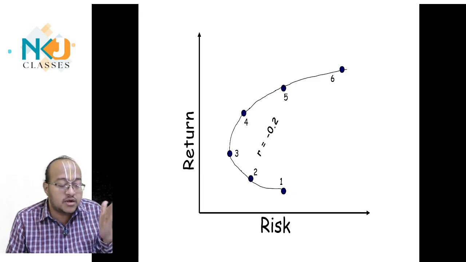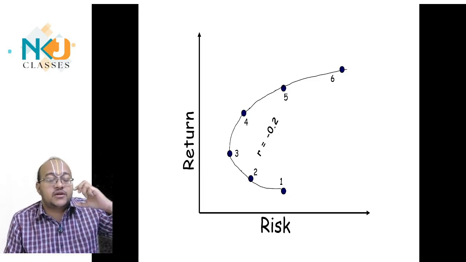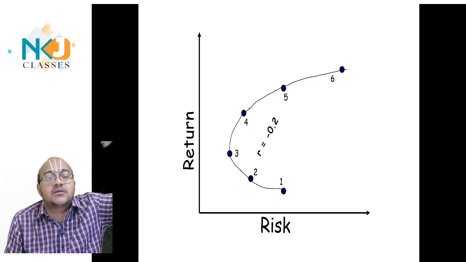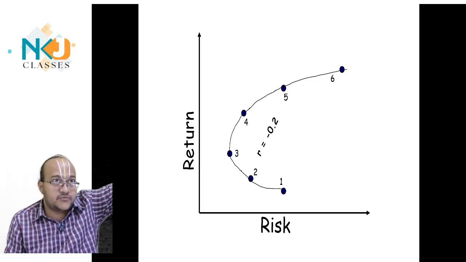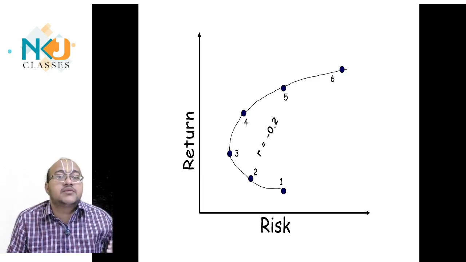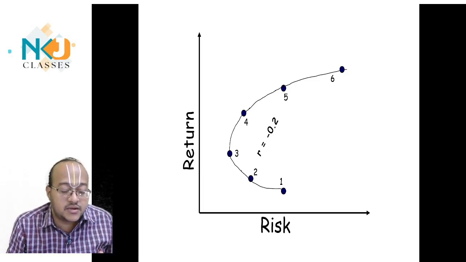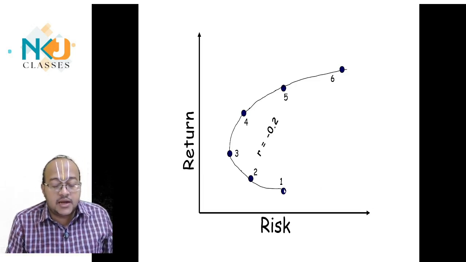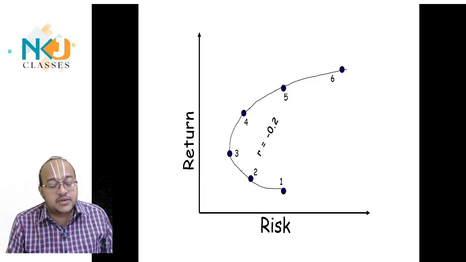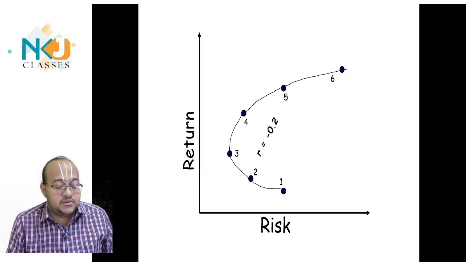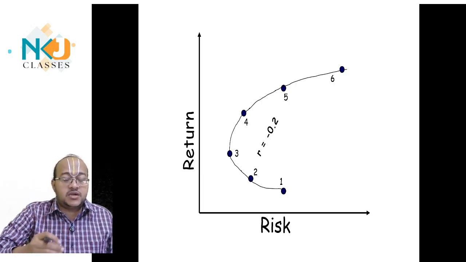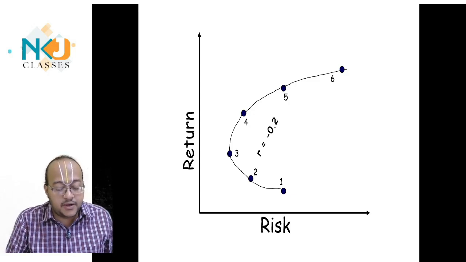Come to return. Return means moving upward. If the point is moving upward, it means it has higher return, and if it is coming from upwards to downwards, the return is reducing. Are you understanding? See here, which means the first portfolio has a return of 12% and risk of 20%, correct? When I inject 10% of security B into the portfolio, what happened?